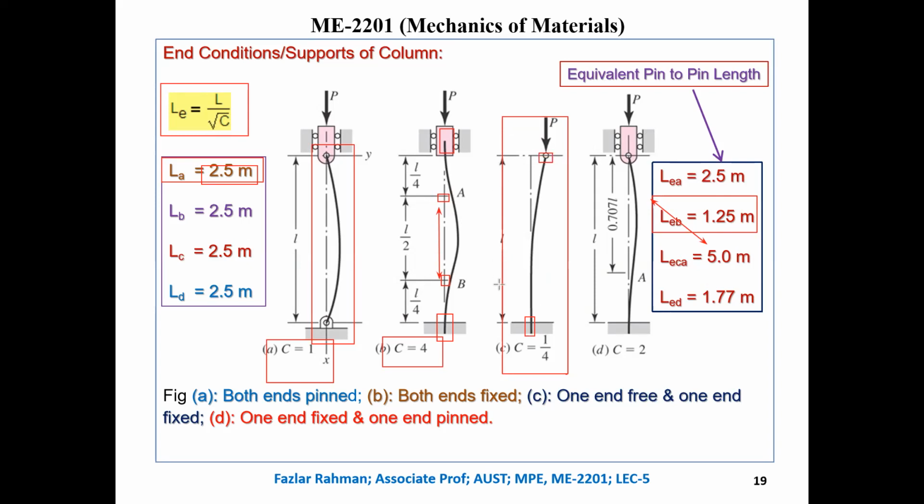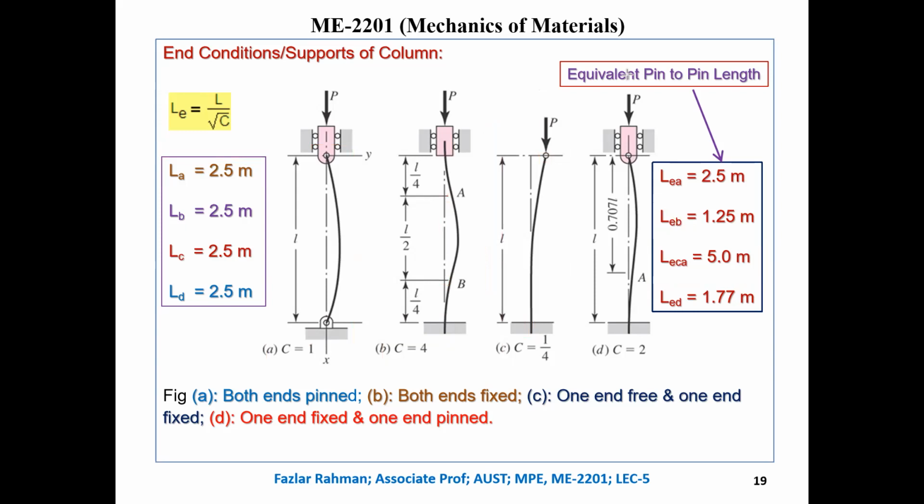This length is 2.5 meters, but it will work like a 5 meter column with pin to pin ends. So the value of C equals 1 by 4. 1 by 4 actually means 2L. So for column C, the equivalent length comes to 5 meters.